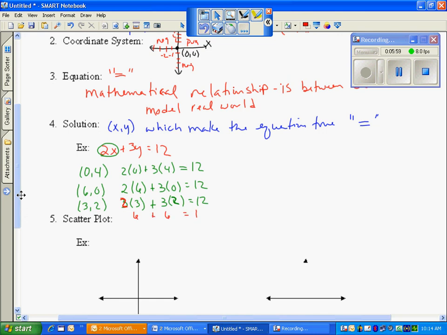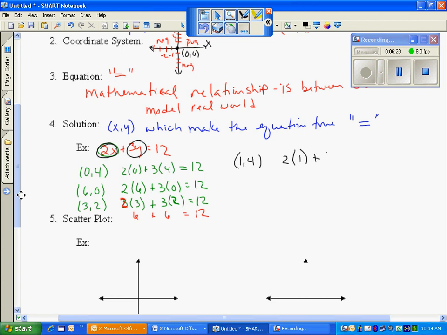Would the ordered pair (1, 4) be a solution? Well, again, the only way to check is take 2 times the x coordinate, add to that 3 times the y coordinate, and does that equal 12?